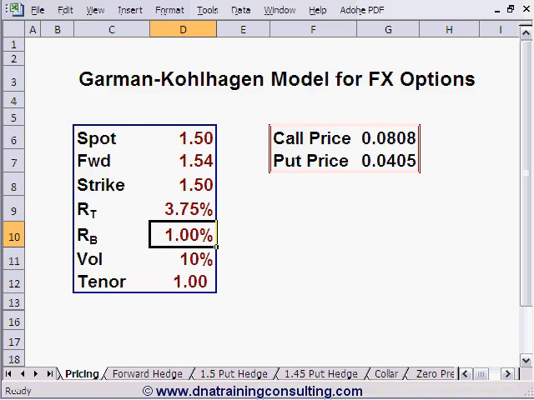Note that this causes the 1 year forward to rise from our previous 1.47 to 1.54.